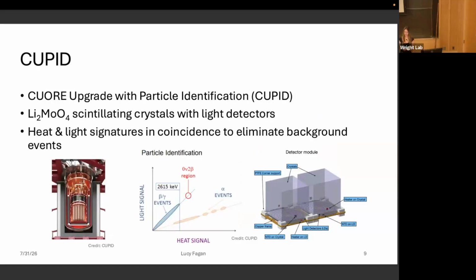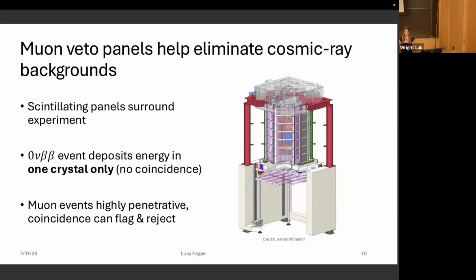Part of the issue with this design is that this does not eliminate muons. And so that's where we come in. We are designing muon veto panels to help eliminate the muon backgrounds in the CUPID experiment.